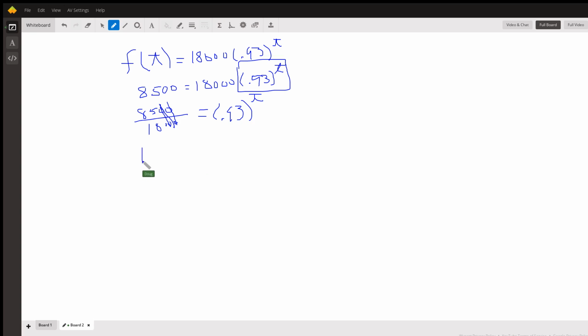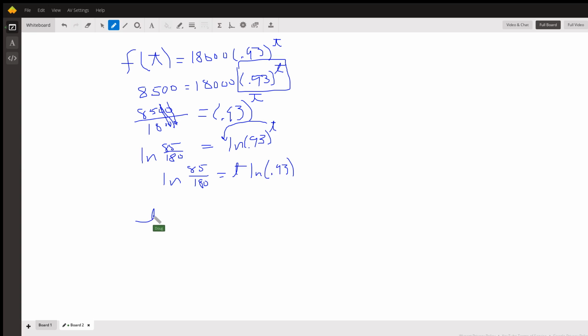You take the natural log of both sides, 85 over 180, and you take the natural log of this expression. The point is you can bring this t down in front using properties of logarithms. So we've got the natural log of 85 divided by 180 equals t times the natural log of 0.93.